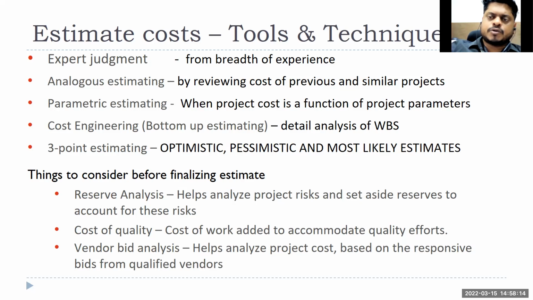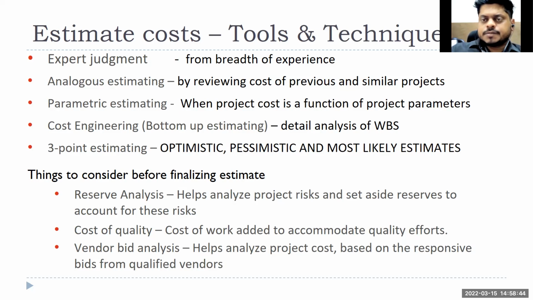Finding the amount of money it will take for each task, then adding them up, takes a lot of time if you do not have a proper database where you have all the resource costs, right? 3 point estimating is again much more difficult than cost engineering, because for each task I'm asking the stakeholder to give me three estimates, then taking that formula of optimistic plus 4 times most likely or realistic plus pessimistic, divided by 6, right?